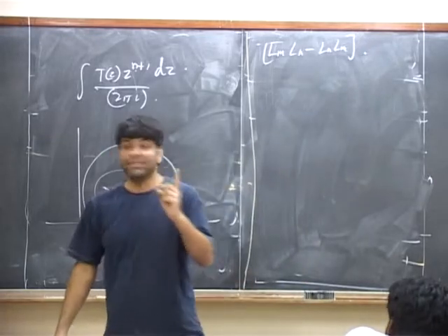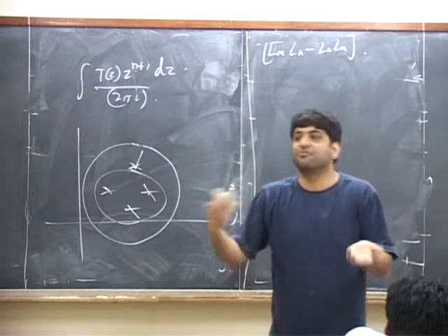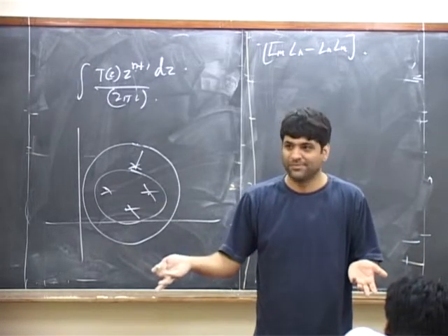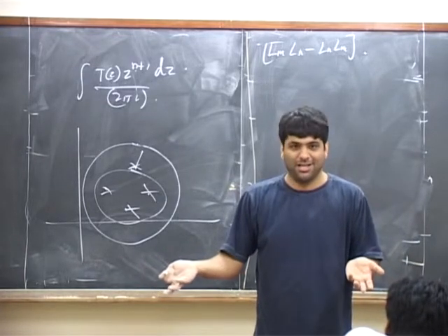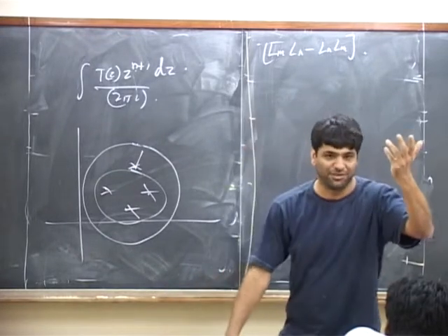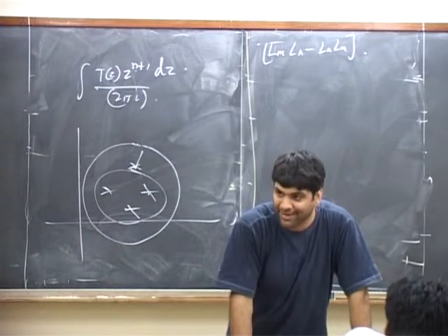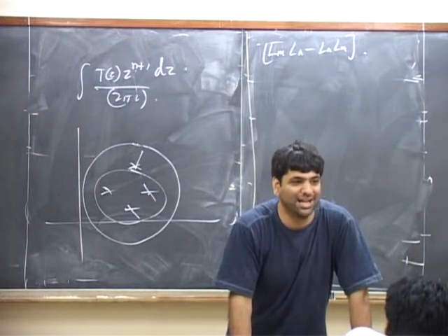By the way, what are these L_n's? These L_n's are the generators of various conformal transformations. You see that, right? We had a formula for the generators of conformal transformations last time.